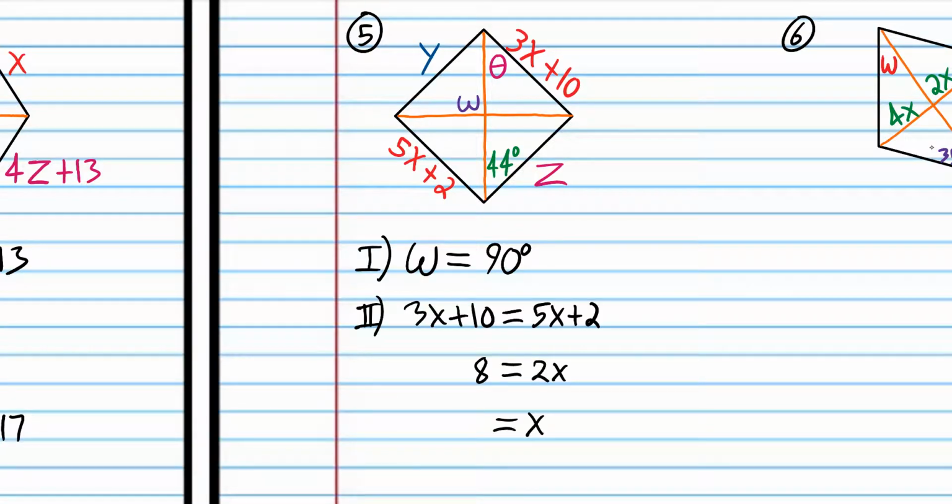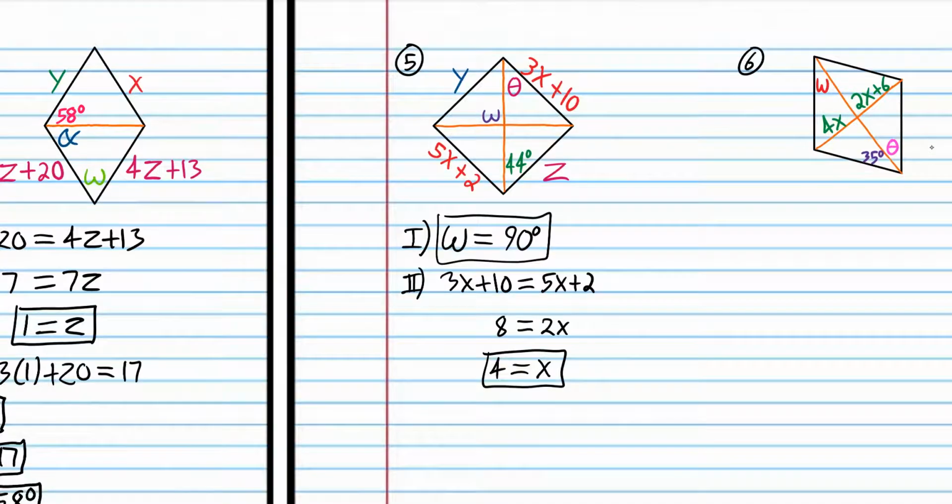X is equal to 4. Whoops, I forgot to rectangle that. And obviously y, we just have to use one of those, plug in 4 for x, and we get 22. And if y is 22, then z has to be 22 also.